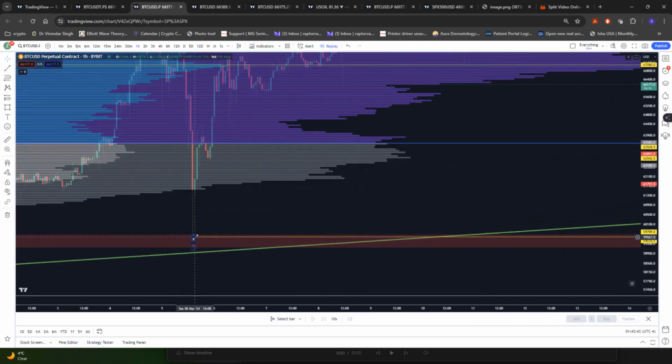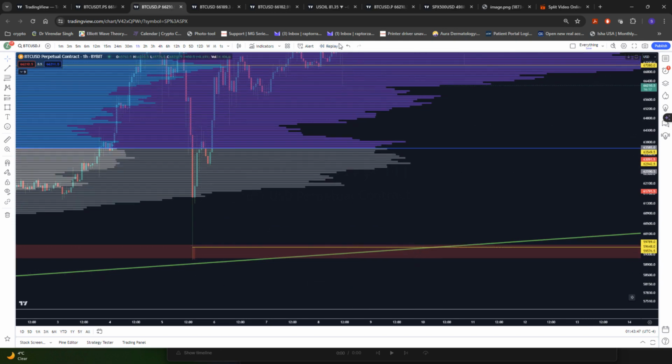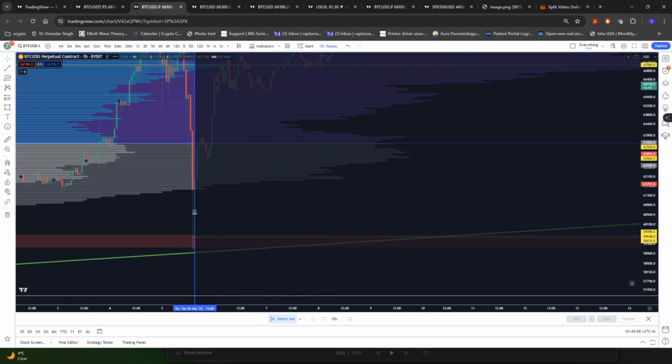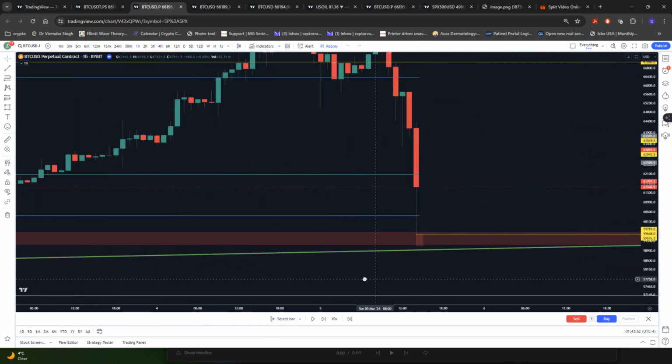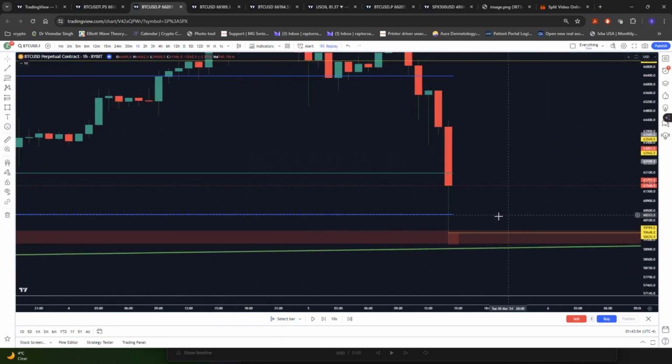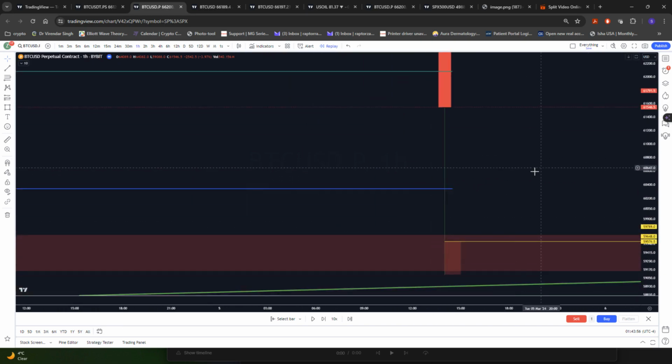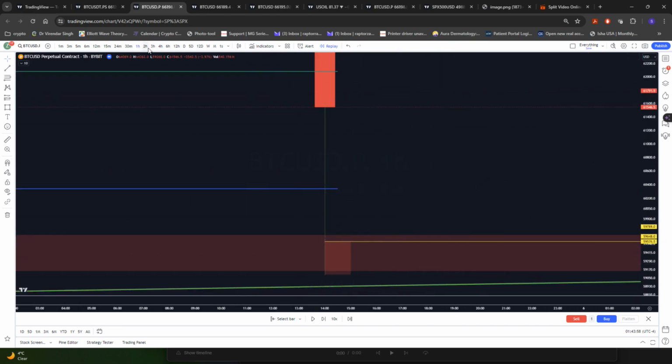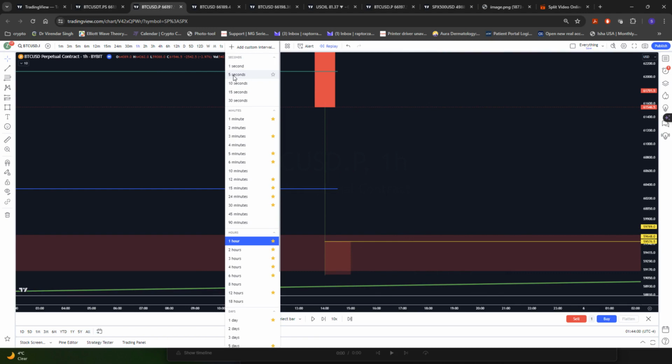And if you go to, let me just remove this. Okay, let me extend this. It's 2 different color.